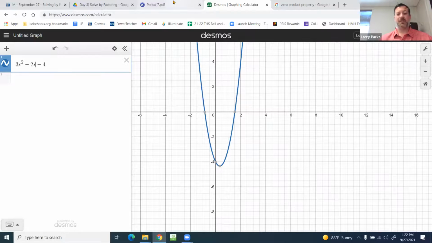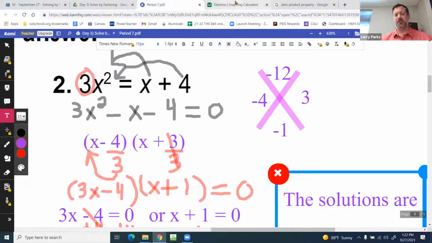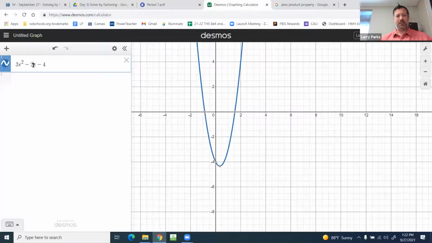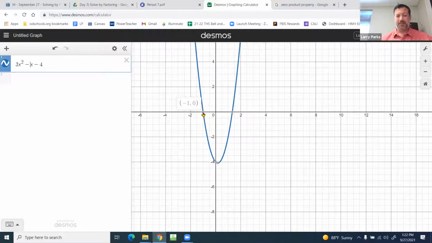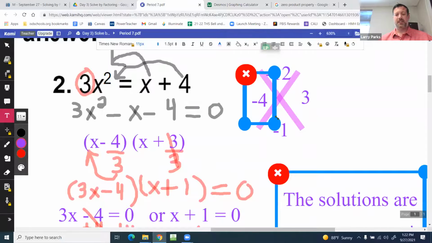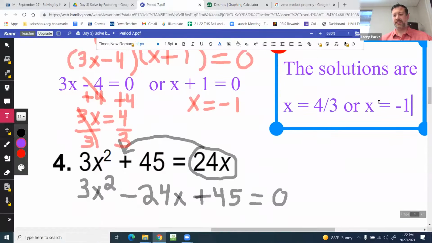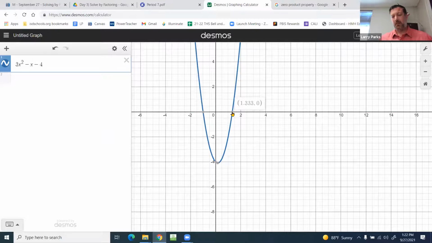Oh, 3x squared minus 2x. Oh, there was no 2. I'm just changing the whole problem. There we go. -1. Did I get -1? Yes, I did. Did I get 4/3? 1 1/3 is the same thing as 4/3. If you type in the calculator 4 divided by 3, you get 1.33333. So I feel confident about my answer and my solutions.